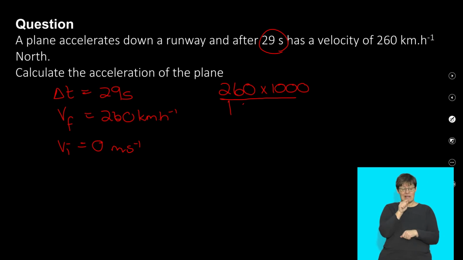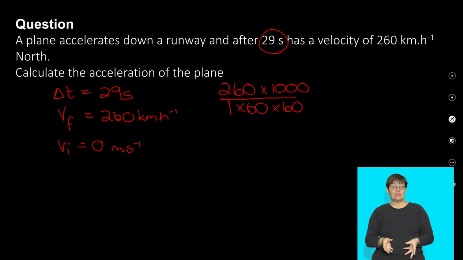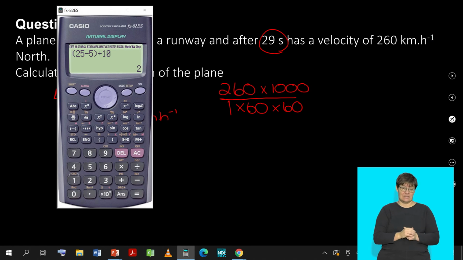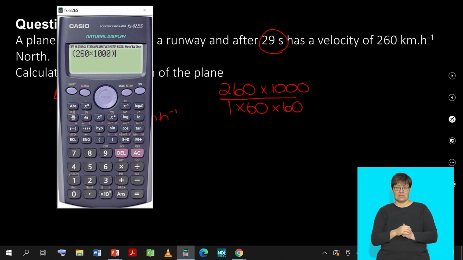We then need to times by 60 to get it into minutes, and times by 60 again to get it into seconds. So I'm going 260 times 1,000 divided by 1 times 60 times 60, not 600, that would be terrible, and we get 72.22.